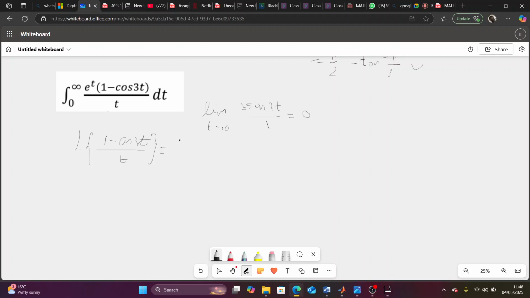We can give this one to be Laplace of 1 over p, minus cos 3t over chi. Why am I saying p there? It's t.